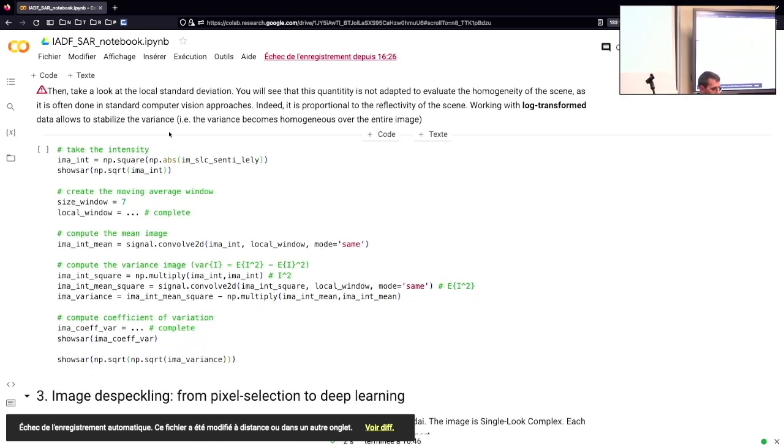So here I'm going to define my moving average window. I have defined the size of the window as 7, but you can play with it and try to make it bigger or smaller, and you will see how it affects the output image.